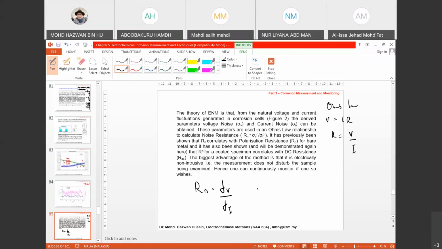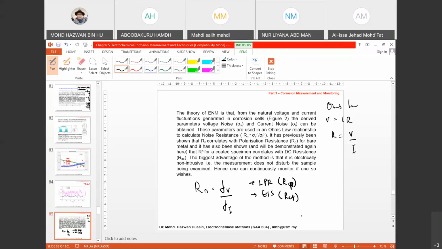This information can be used to correlate with your other experiments that you did, probably LPR or also EIS, because both these processes produce a resistance value, Rp for linear polarization and Rct for EIS. So you can compare in terms of the resistance value.